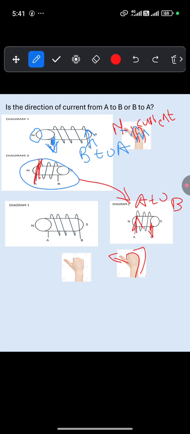You can see that in front you are going up, but at the back, your fingers are pointing down, meaning the back must point down, whereas the front must point up. In that way, we are able to see that the current is going from A up to B.